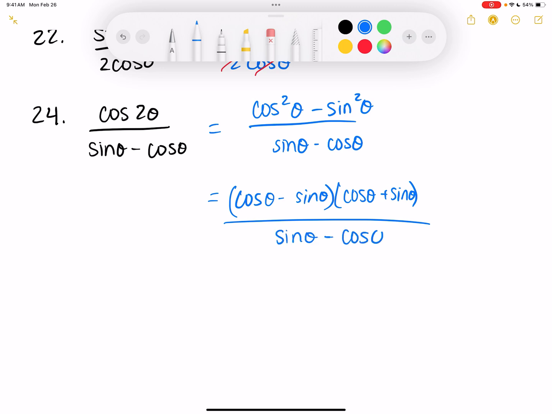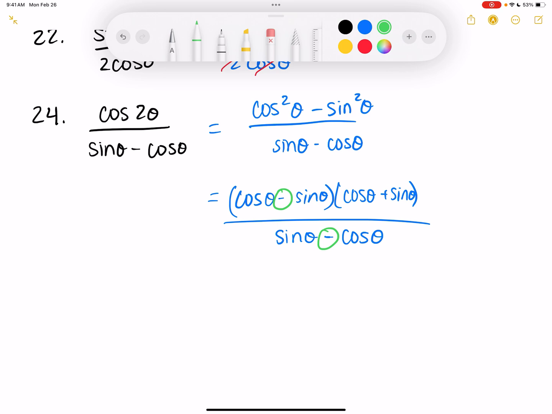But can I cancel that still? No, I cannot. Okay, because these signs are different here. Like they're both negative, but they're on the wrong term. But what I can do is factor out this negative here. Or I could do it on the top, but I'm just going to do it on the bottom.